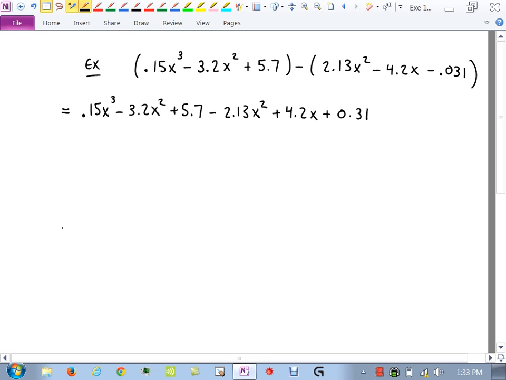Now let's try and collect like terms. Now be careful here. X cubed. Do you have any other x cubes? You do not. So that one's not going to go with any of the others. X squared, though, you have two of them. So what I need to do now is combine negative 3.2 with negative 2.13.